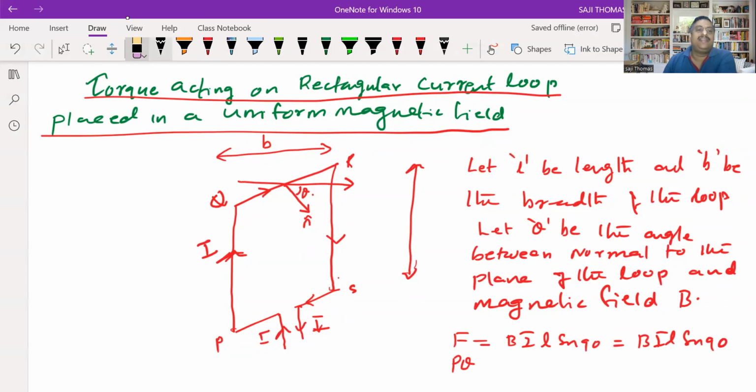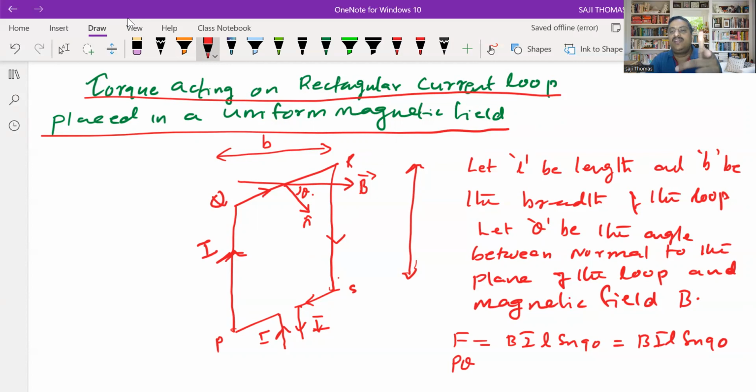This is the direction of magnetic field in the figure. This force will be directed into the plane of the paper. So what is the direction of this force?